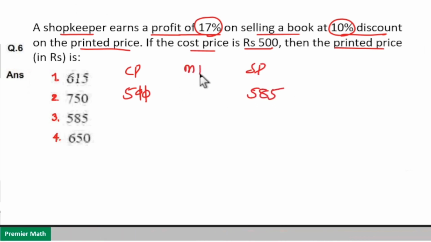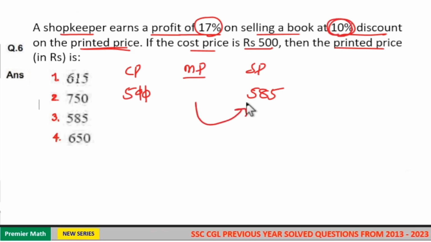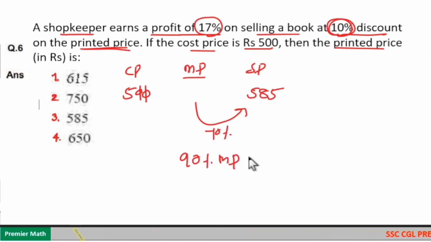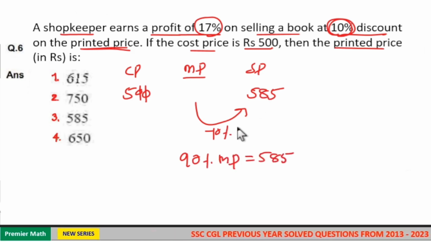Then we have to find out what the printed price, that is the marked price, is. Now the shopkeeper allows 10% discount. So when you allow 10% discount, selling price is 585. That is, 90% of the marked price is 585, because when you allow 10% discount on the marked price, the selling price becomes 585. 100 minus 10, 90% of the marked price is 585.